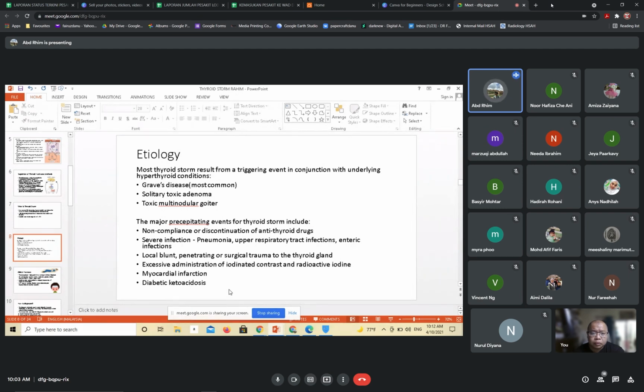The major precipitating events for thyroid storm can include non-compliance or discontinuation of anti-thyroid drugs, severe infection like pneumonia, upper respiratory tract and enteric infection, blunt, penetrating or surgical trauma to the thyroid gland, excessive administration of iodinated contrast, radioactive iodine, myocardial infarction, and also diabetic ketoacidosis.